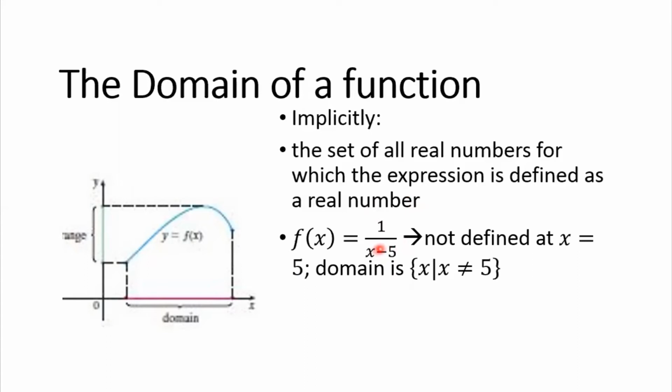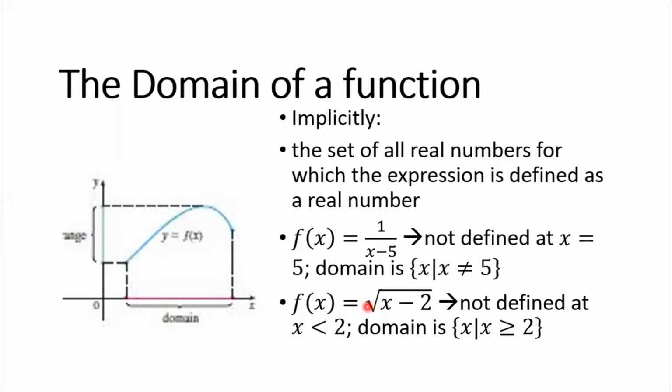Thus, the domain of this given function is x such that x is not equal to 5, or it means that x is in the set of real numbers such that x is not equal to 5. So all real numbers except 5. That's the domain because it's the set of the values that can make the function defined.